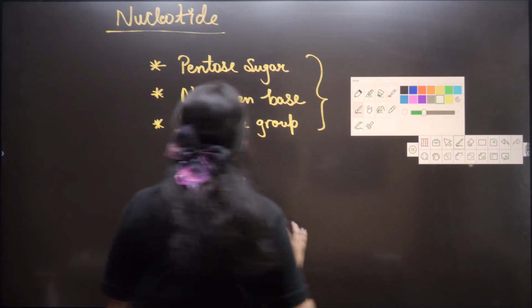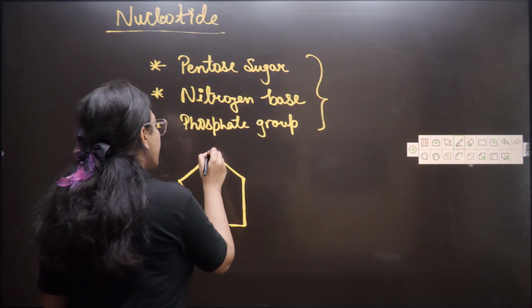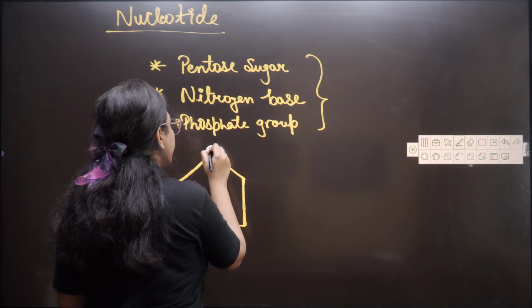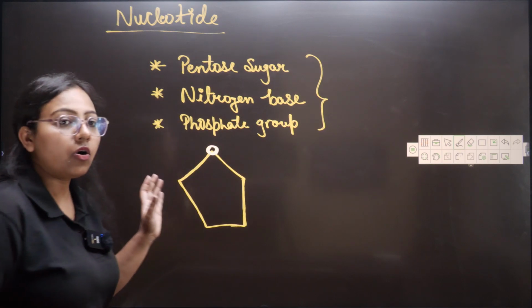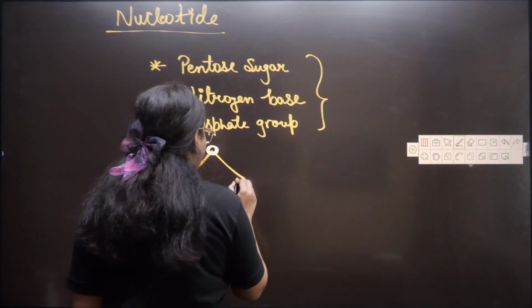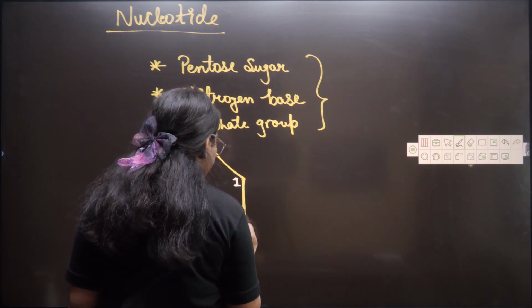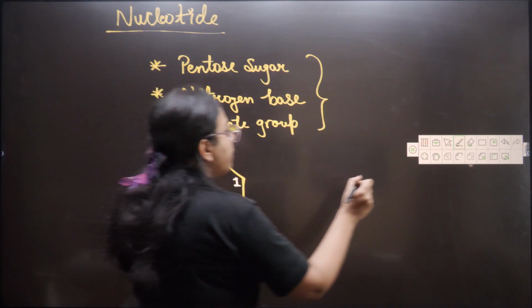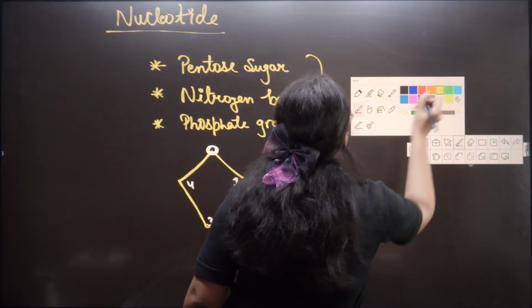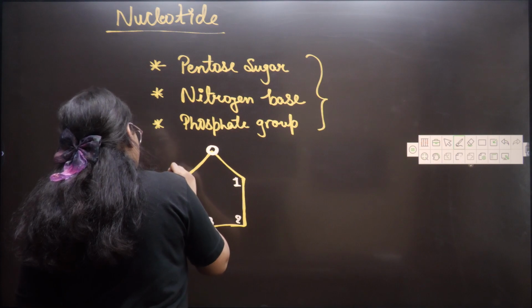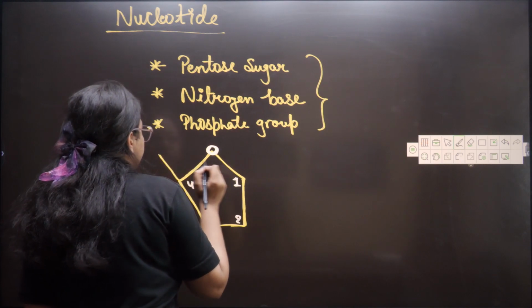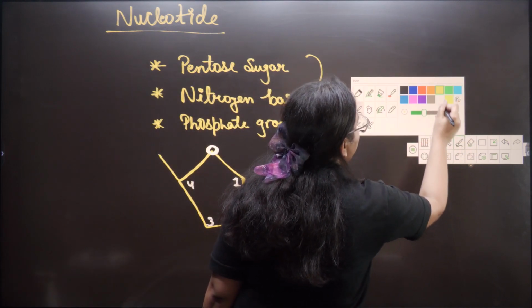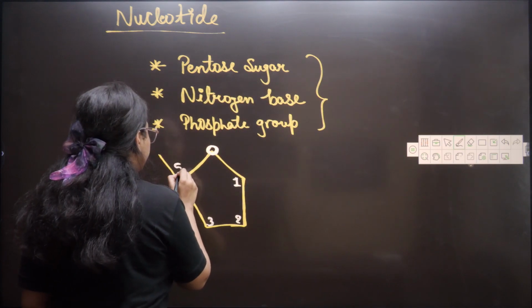See, then at the top, on the apex, there will be no carbon, there will be oxygen, right? Then 1 carbon will be here, 2nd carbon here, 3rd is here, 4th is here, and the 5th carbon. The 5th carbon has to be drawn out, so we have to draw it this way, and here is the 5th carbon.